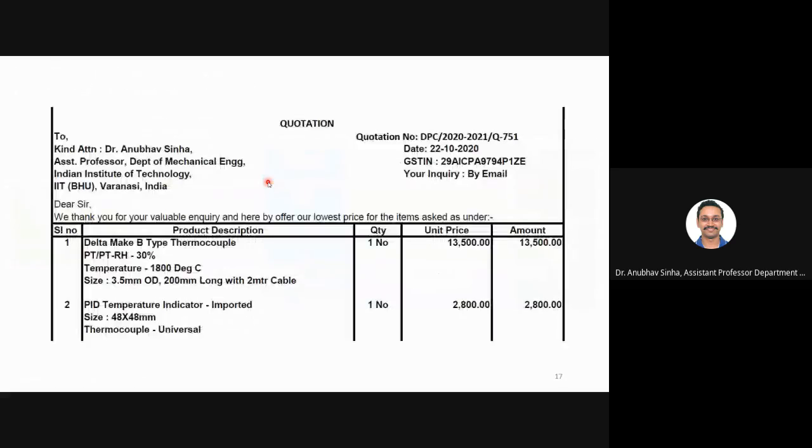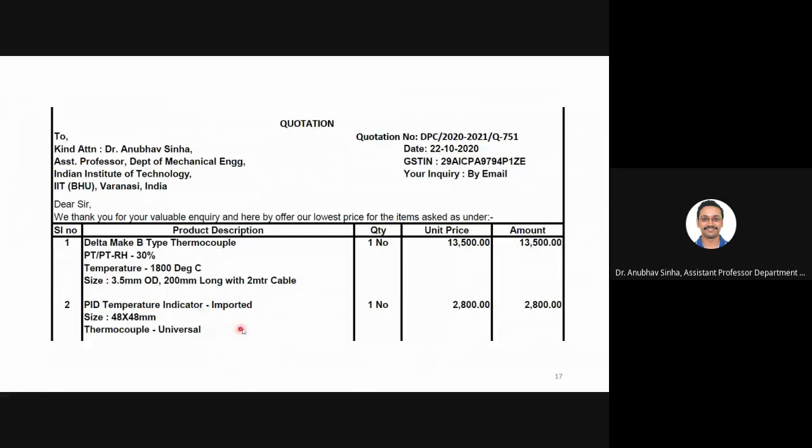Actually, as I told you, I am buying this B type. You can see how they are specifying it. This works up to 1800 degrees Celsius. What is the size, length? And I am also getting one reading unit which will supply voltage. One temperature indicator will be used that will give you a reading in degrees Celsius or Kelvin, whatever you want.